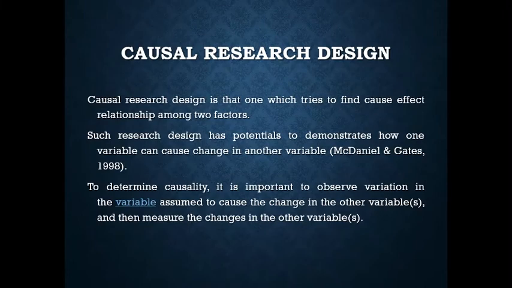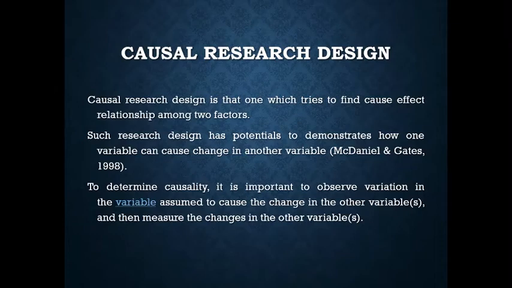The final type of a research is the causal research, and as its name shows, this is that kind of a research in which we determine the cause effect. It helps in knowing what are the causes of anything and what is the impact of anything on other. So causal research design is that one which tries to find the cause-effect relationship between two or more than two factors.